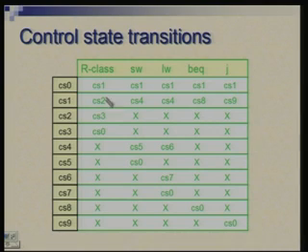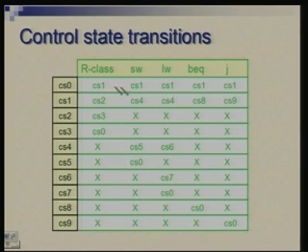So, you can see that R class instructions go through CS0, 1, 2 and 3 and back to CS0. For store instruction, you will start with CS0, go through CS1, CS4, CS5 and then CS0. For load, it is CS0, CS1, CS4, then CS6, CS7 and then CS0. For branch, it is 0, 1 and 8 and then 0.